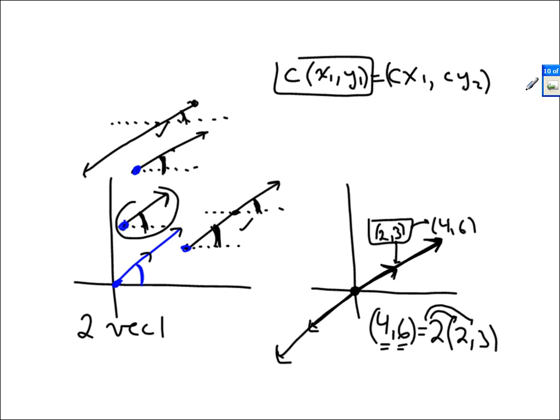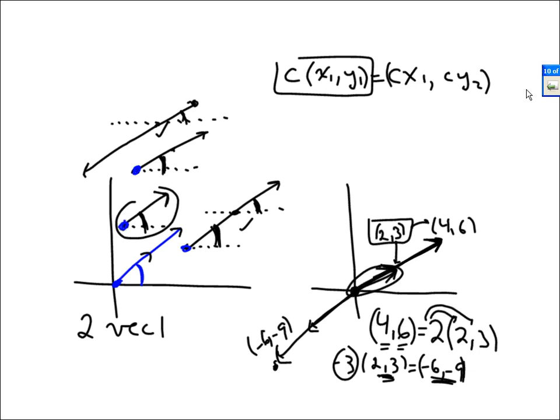If this head is (-6, -9), well, if you take (2, 3) and you scale it by -3, you get (-6, -9), which is the other vector. This vector and this vector are parallel because one is a multiple of the other.